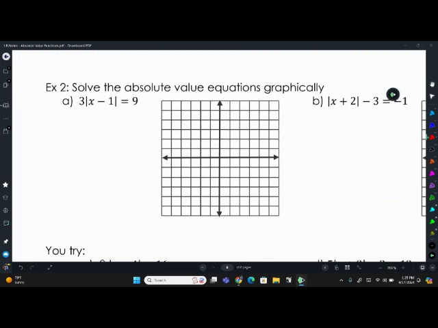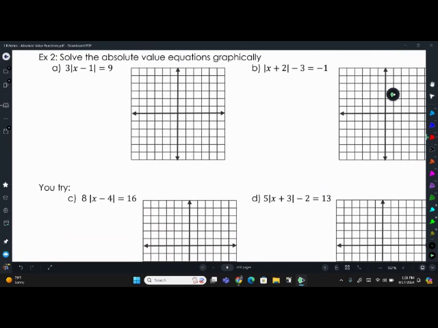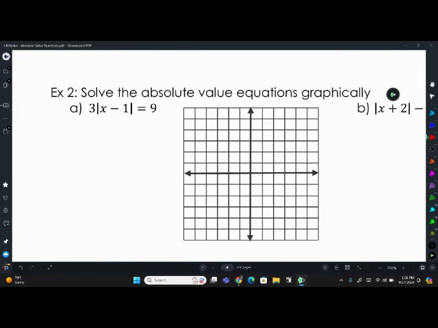You'll notice on this one and all of these over here, we have a number inside the absolute value. We're going to do it the same way. Divide both sides by 3 to get the absolute value bars by themselves. Well, we can't add 1 on both sides. We can't do anything here. The absolute value bars must stay intact. So we've got to graph that now. Remember, x minus 1 means you go over to the right one, and your slope is still 1, 1.